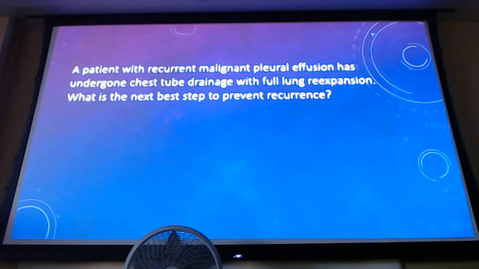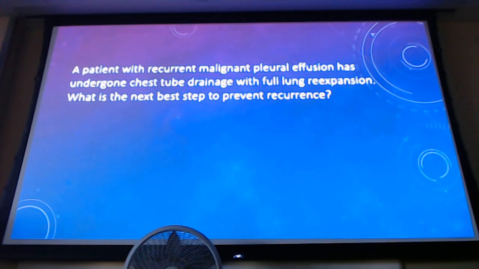Okay. All right. A patient with recurrent malignant pleural effusions has undergone chest tube drainage with full lung re-expansion. What's the next best step to prevent recurrence? We just going to leave that tube in? What are we going to do?